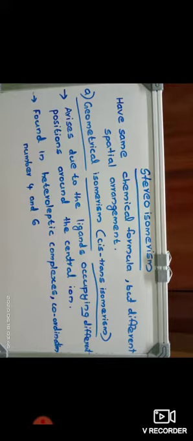First of all, we can see geometrical isomerism in detail. Geometrical isomerism arises due to the ligands occupying different spatial arrangements around the central metal atom. It is commonly found in heteroleptic complexes, that is, complexes having different types of ligands.